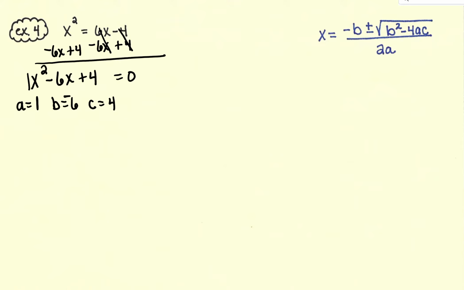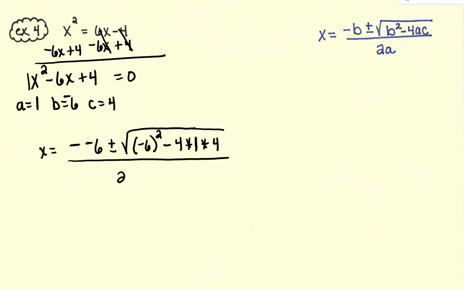And then we're going to use that quadratic formula, so let's plug it in. It's going to say x equals negative B, which is a negative 6, plus or minus the square root of B, which is negative 6 squared, and it's really important to put that in parentheses, minus 4 times A times C, all over 2 times your A value.